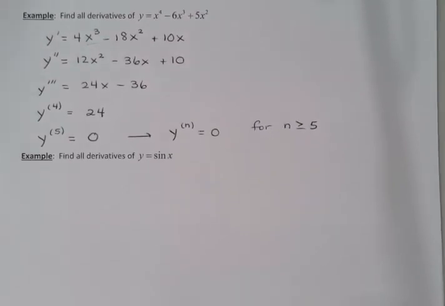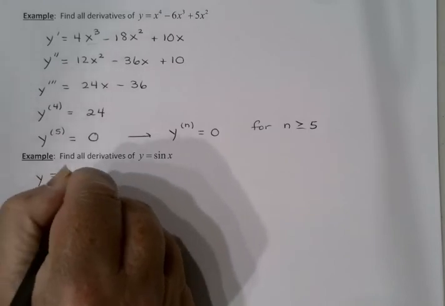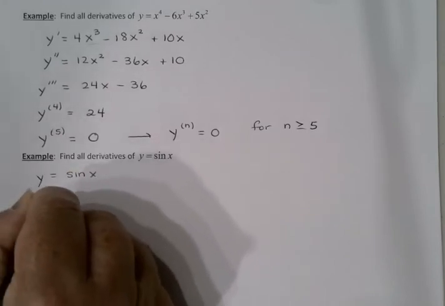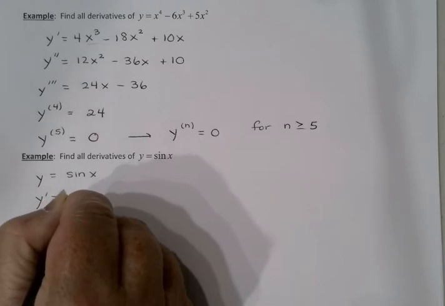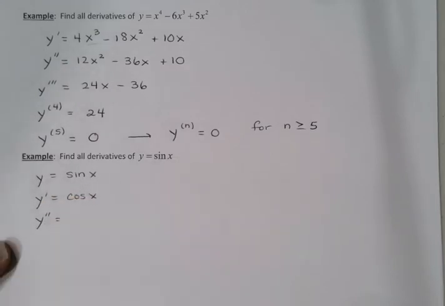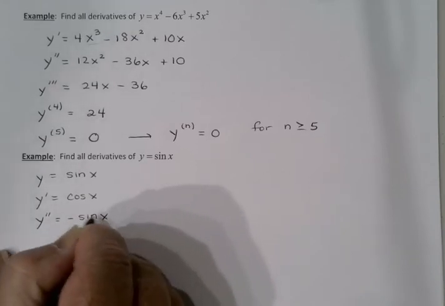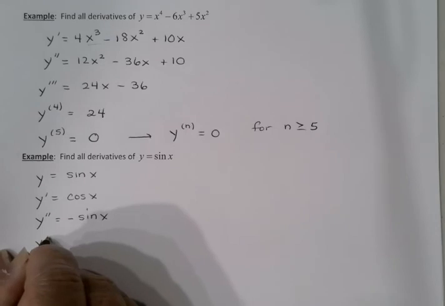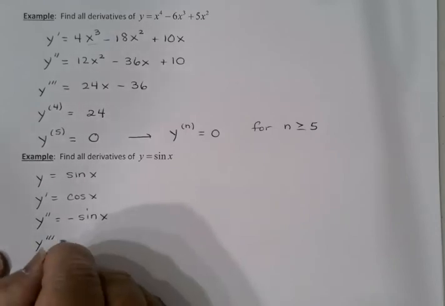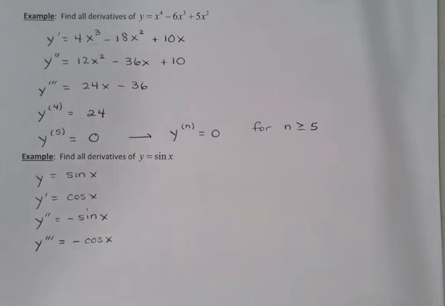Consider y is equal to sine x. Y prime would be cosine x. Second derivative would be negative sine x. Third derivative would be negative cosine x.